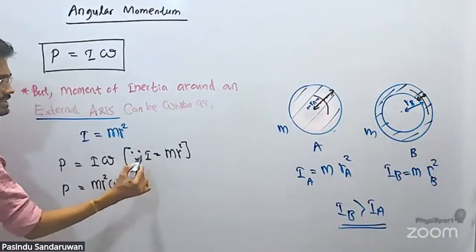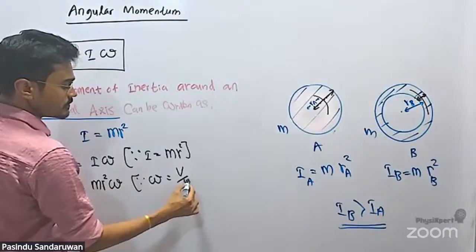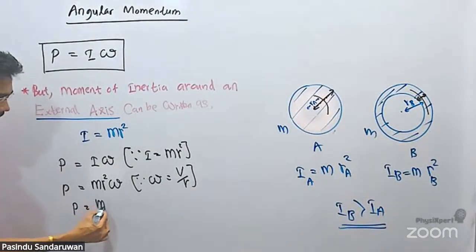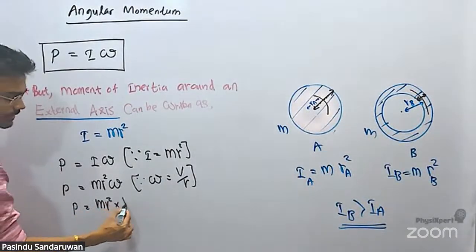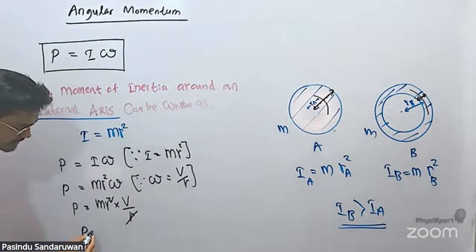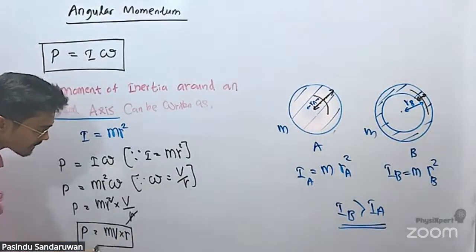And in addition, we know V equals R omega, so omega is V over R. Then for mr squared omega, we can write mr squared times V over R, R cancels. And it comes to mv times R. P equals mv times R.